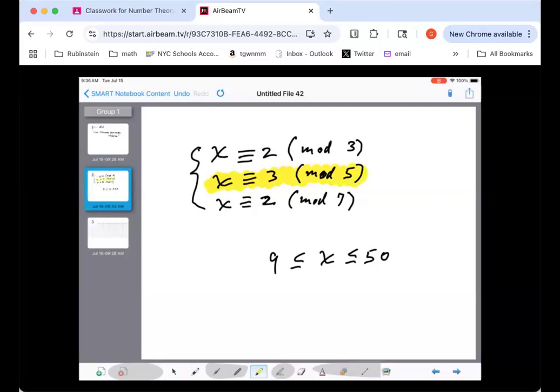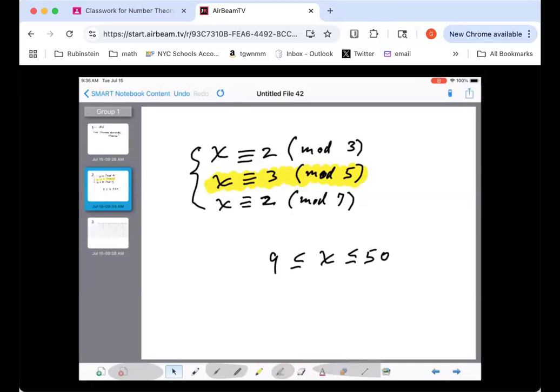That really narrows you down. Anyone want to type in what it is about that middle one that I find most useful? How does that middle condition reduce the possible numbers to very few?